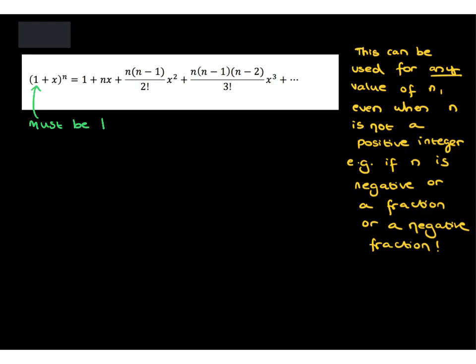If n is anything other than a positive integer, so if n is negative or a fraction or both, then you end up with an infinite series. Now, this is only valid if x is between negative 1 and 1. Now, this may not sound like it makes a lot of sense at the moment, but it will all be unpacked and explained in the next lesson.